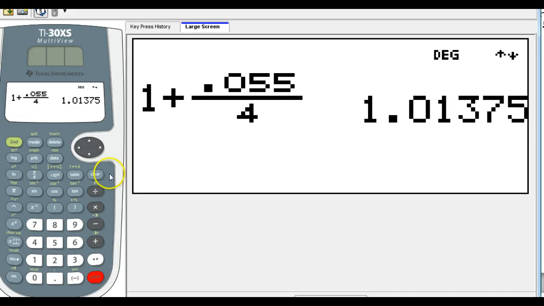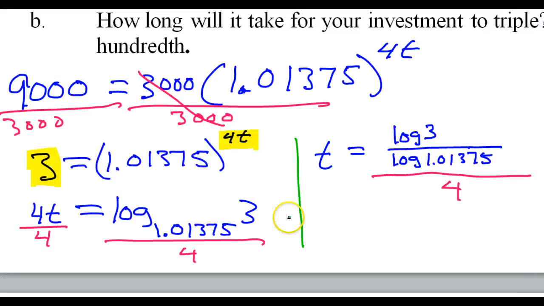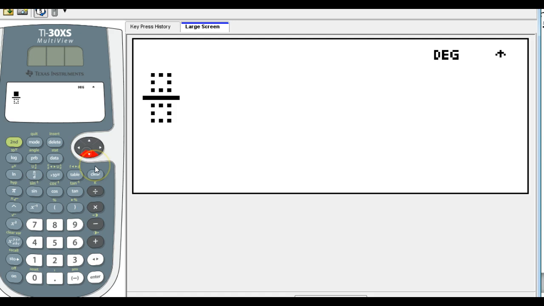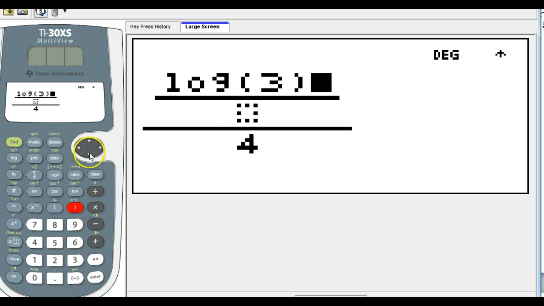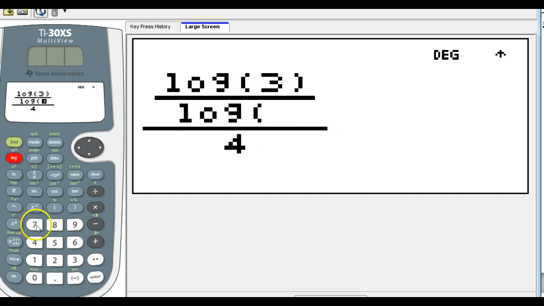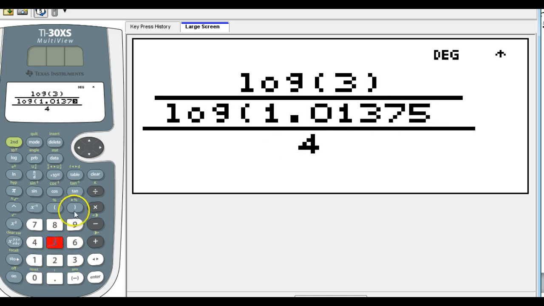Now, I am very comfortable with making a fraction inside of a fraction. I can make this large fraction, the one that has a denominator of 4, with this as its numerator. I just make sure that the denominator is 4, and then in the numerator I put an additional fraction. So here I have my log 3 and my log 1.01375.